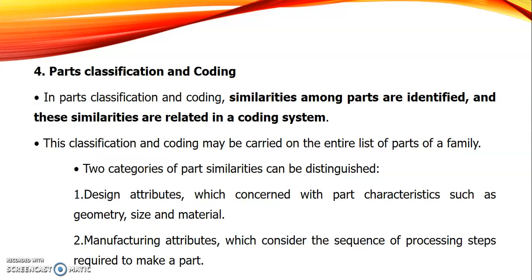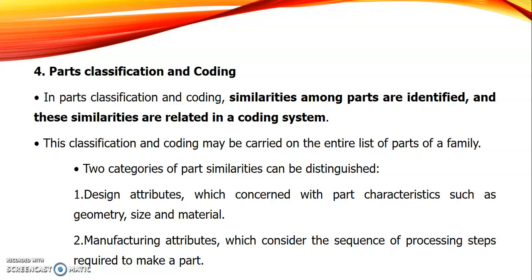And then the fourth method is parts classification and coding. In this topic, design and manufacturing areas benefit from part classification and coding. Most of the classifications and codings have similarities. They are classified into two categories. The first category is based on design attributes, and the other is based on manufacturing attributes.